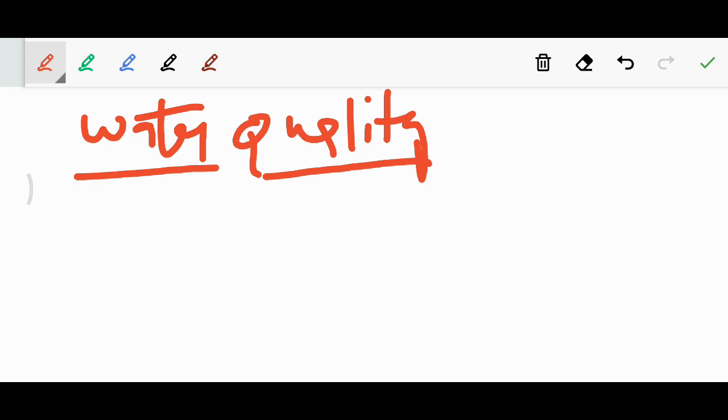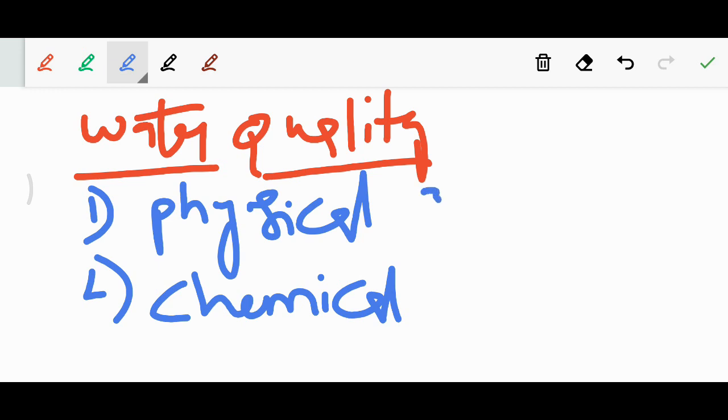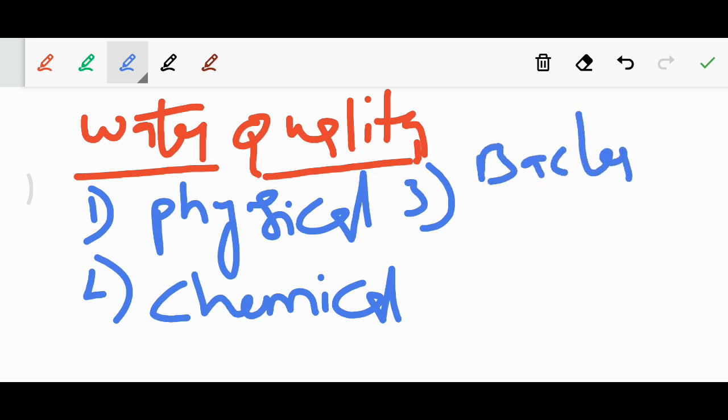So we can analyze water by three parameters or three characteristics, that is physical, chemical, and bacteriological characteristics.